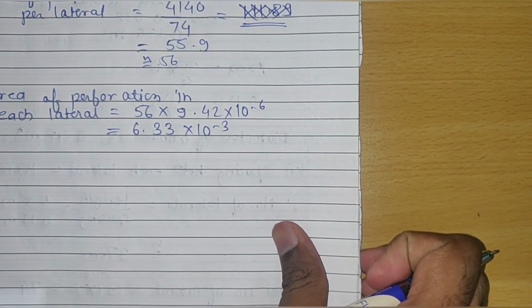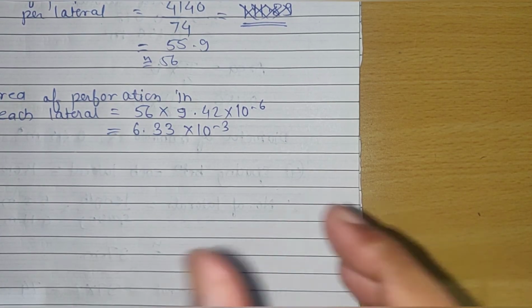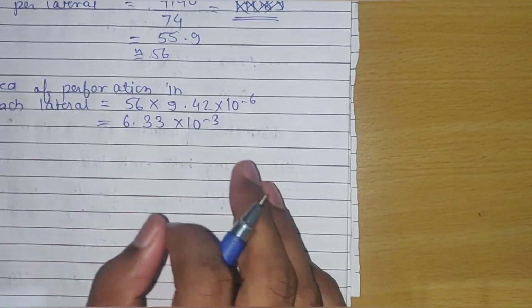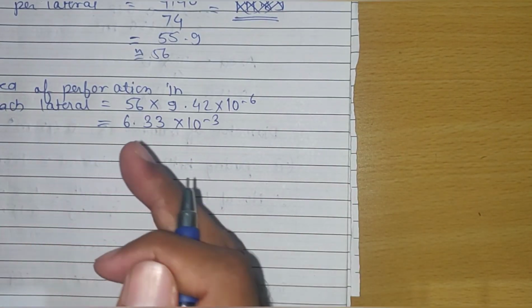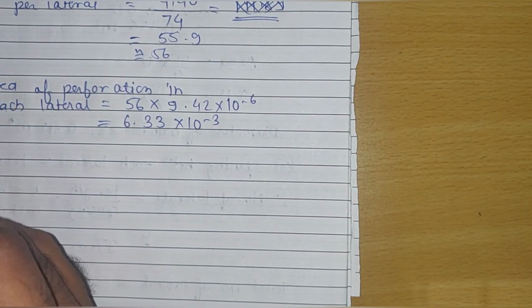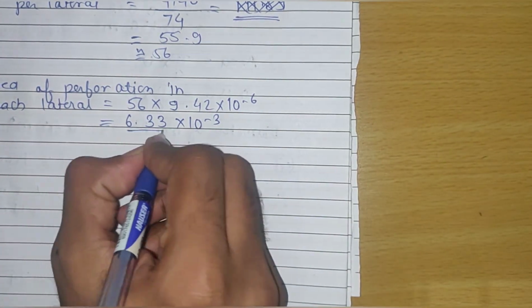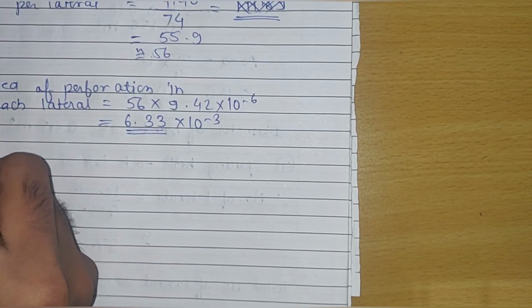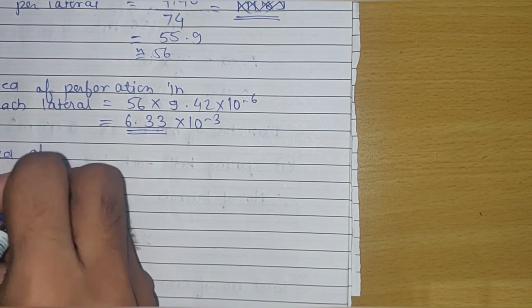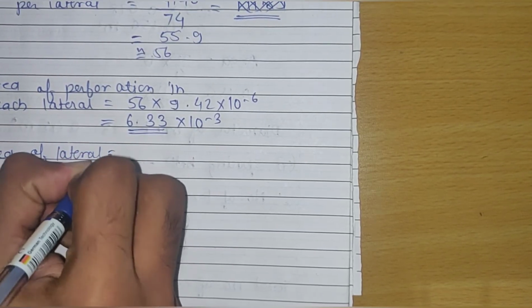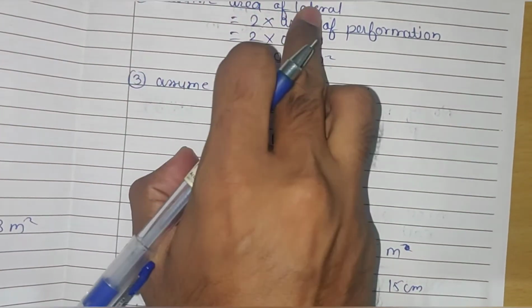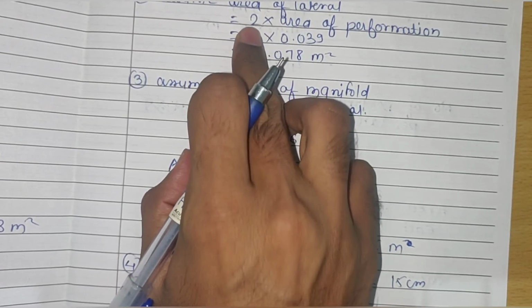Now we have to calculate the area of each lateral. We assumed the area of perforation as 2% of the area of lateral, and now we have the actual area of perforation. From this actual area of perforation, we can calculate the area of lateral as twice the area of perforation, the same as we assumed previously.